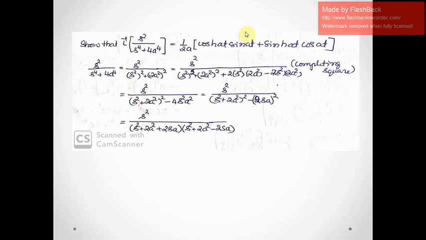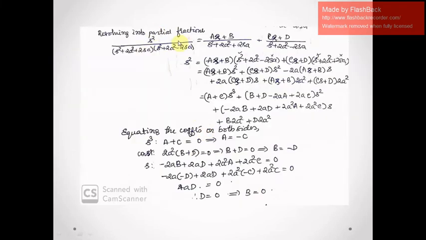The next step will be, now I have two quadratic polynomials. I will split this into partial fractions now. Now both are irreducible quadratic forms. So when I don't have a product of linear terms, x plus a into x plus b, when I have x square, I cannot split it.